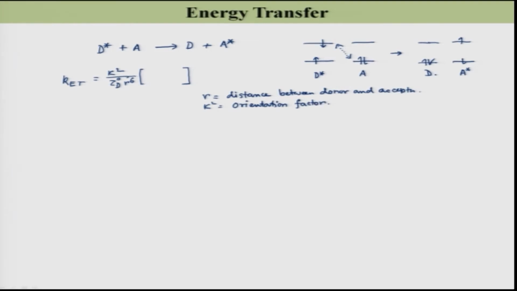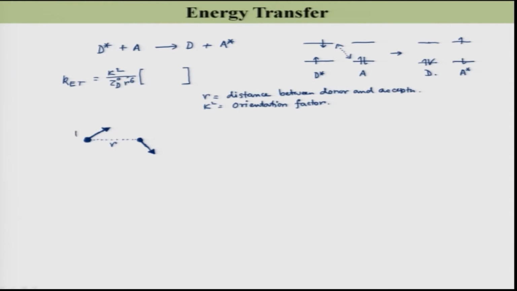If you look at the specific form of this kappa square, let me draw the donor and acceptor dipoles. Let us say this is the donor dipole oriented in this fashion, and this is the acceptor dipole oriented in this fashion, and this is the distance between donor and acceptor.